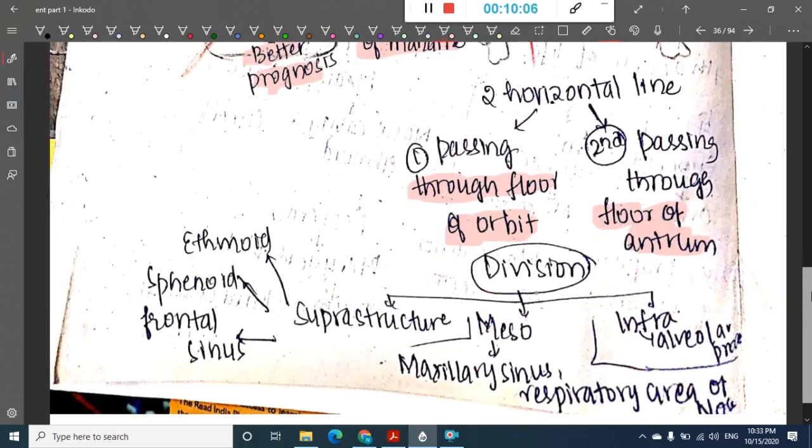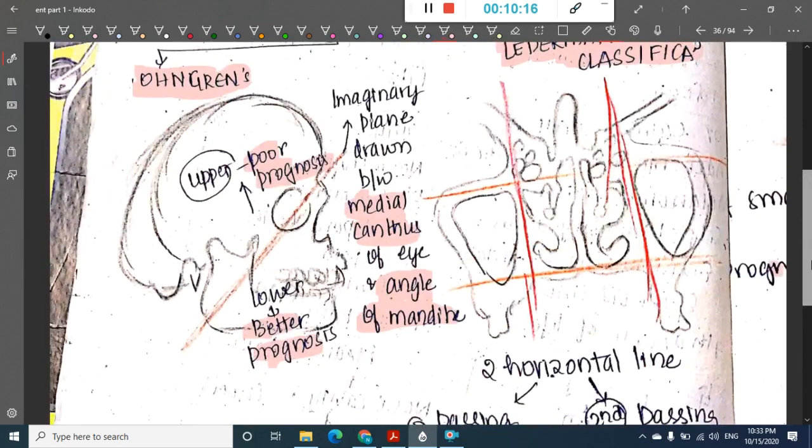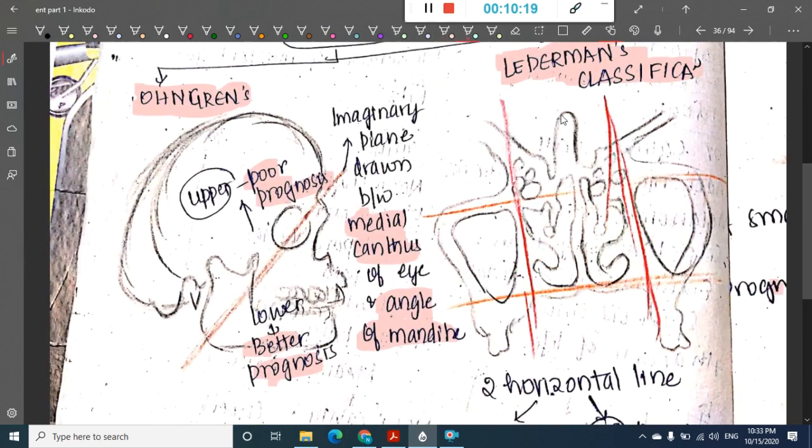This mainly divides into 3 parts: one suprastructure, second mesostructure, and third infrastructure.